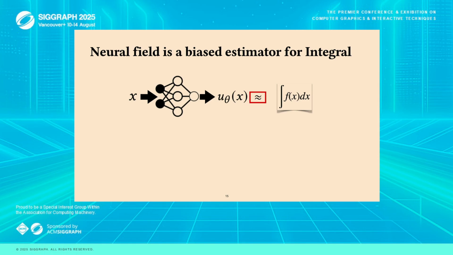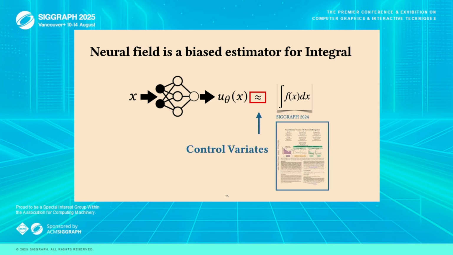And this question leads to our follow-up work at last year's SIGGRAPH, where we used the neural field as a control variate. The key idea is to rewrite the target function as a sum of two parts, one whose integral we already know analytically, and a residual term with low variance. And then we estimate only the residual part using the Monte Carlo method.